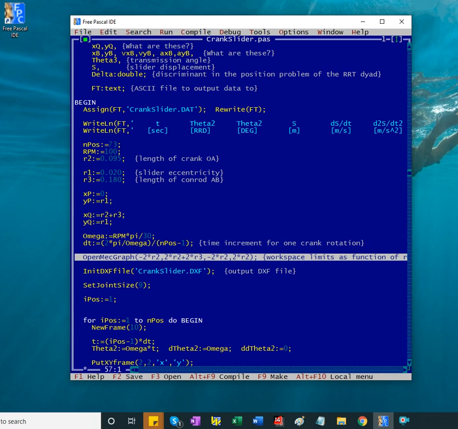This is where you define the limits of the workspace, and I tried to make the program a little bit more flexible. If you change the length of the radii, you can put values here, really, knowing what the limits of the workspace are. So I could make this, for example, I don't know, 3. It's x min, x max minus 3, and probably here I would need a 5.